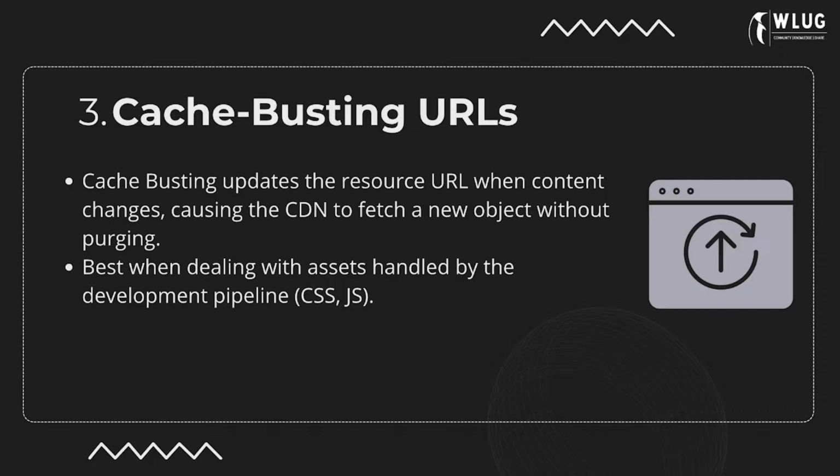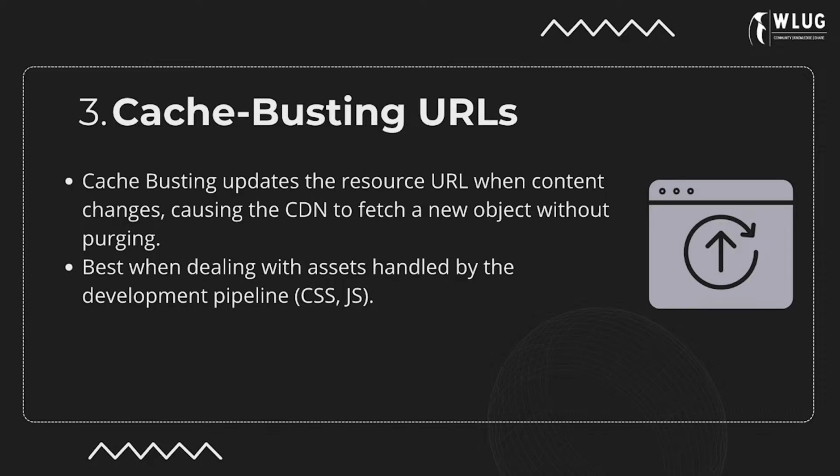There are various assets like the CSS and the JavaScript files, which are used to display and make changes to the content that is visible on the website. And in the cache busting URL method of purging, we basically update the resources such that whenever changes are made, the content is referred to as a new file.